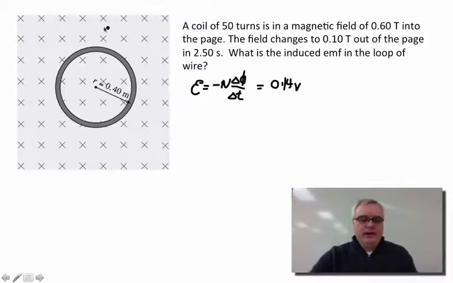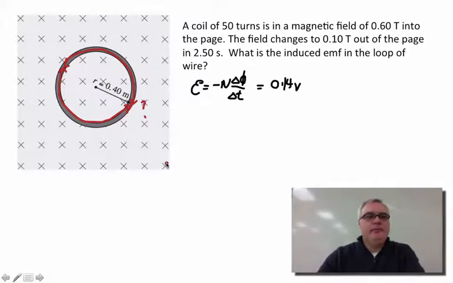But the current that gets created in this loop of wire as it goes around can either be going clockwise like this, or it can be going counterclockwise. So there's two different possibilities here. Which way is the current going, clockwise or counterclockwise? And that's what we're trying to use Lenz's law to determine.